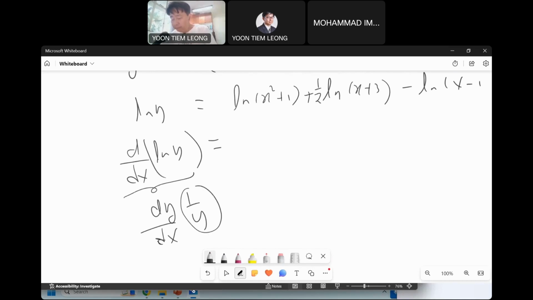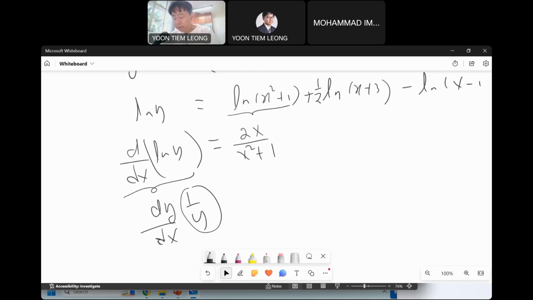1 over y comes from the fact that this is the derivative of the log of y with respect to y. Then the right-hand side is just the derivative of the function of x squared plus 1 in the log. Then d/dx of ln of x squared plus 1 will give me 2x over x squared plus 1.